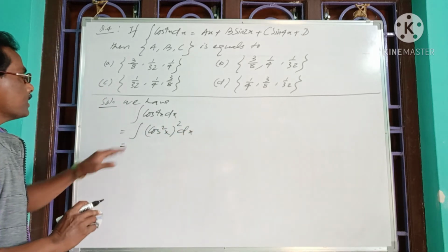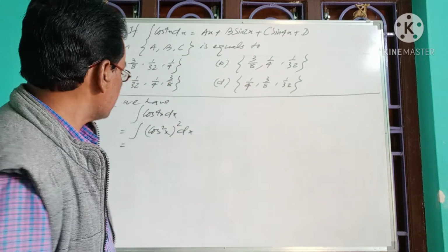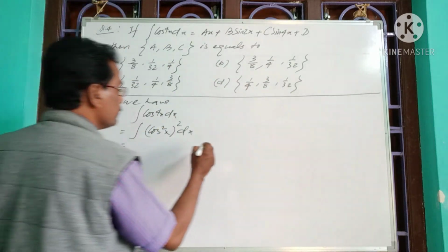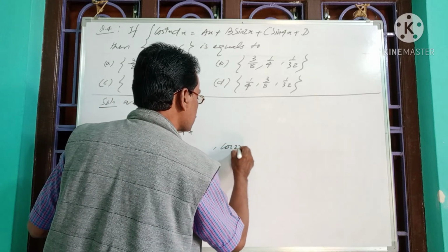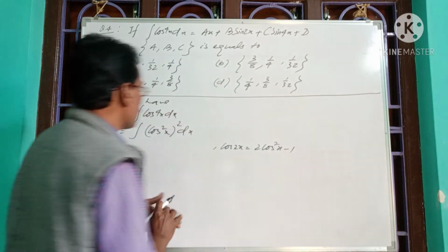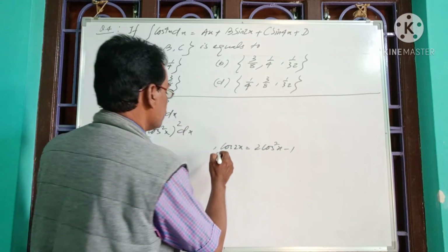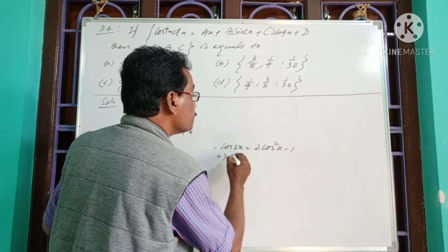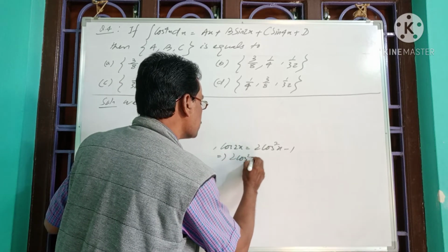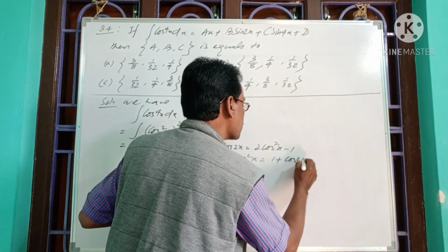Now cos square is not directly integrable, so we have to transform it into a standard form of integration. So let us recall cos of 2x, which is 2 cos square x minus 1. So we know that cos 2x is equal to 2 cos square x minus 1. So we have 2 cos square x is equal to 1 plus cos of 2x.